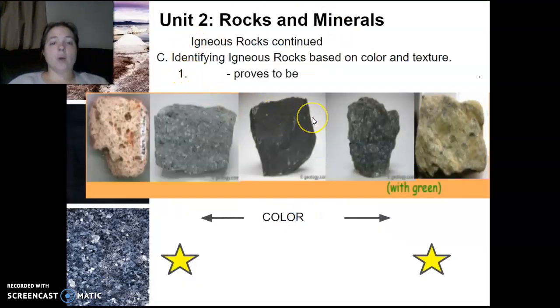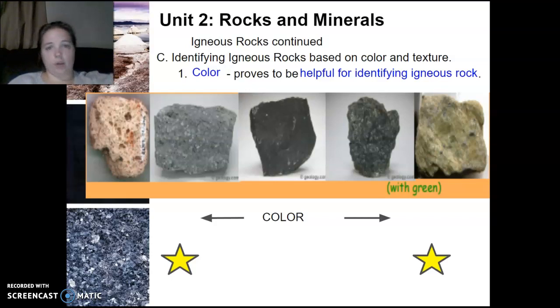All right, so how do we identify these igneous rocks? Well, color, ironically, proves to be very helpful. Remember, in minerals, do not go by color because they can be all sorts of colors.